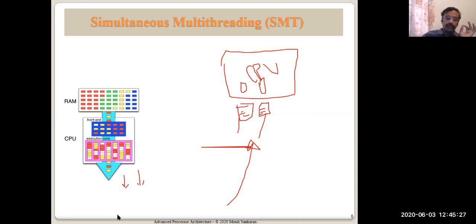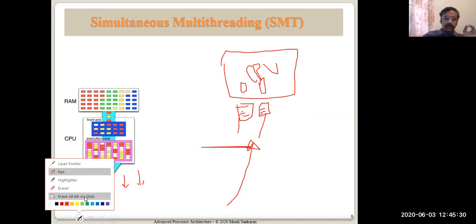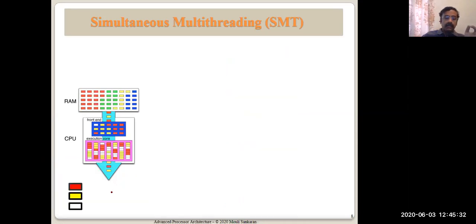So if I show the same thing here, what I'm showing here is thread X, thread Y, and white means unused. So I am getting two streams. Don't think that if there is white, a functional unit is not working, not busy, I can schedule another thread. I cannot, because it is limited by the number of contexts you have, the number of register sets you have. You cannot schedule more than the number of register sets in the system.